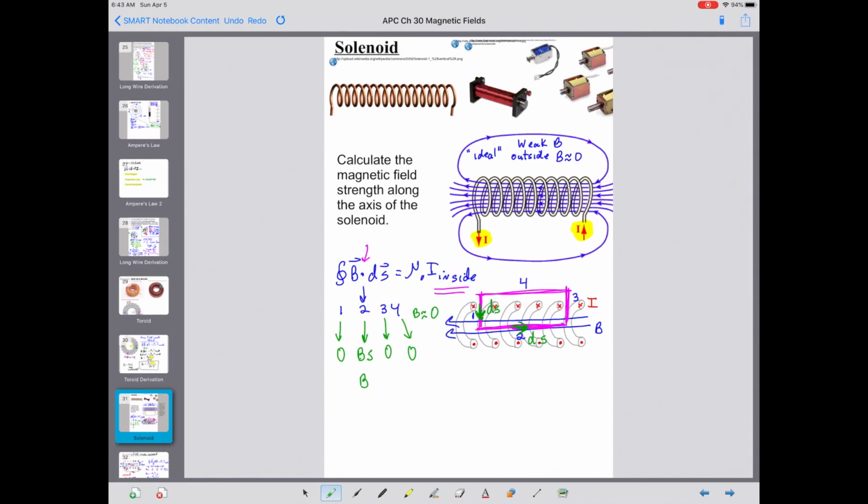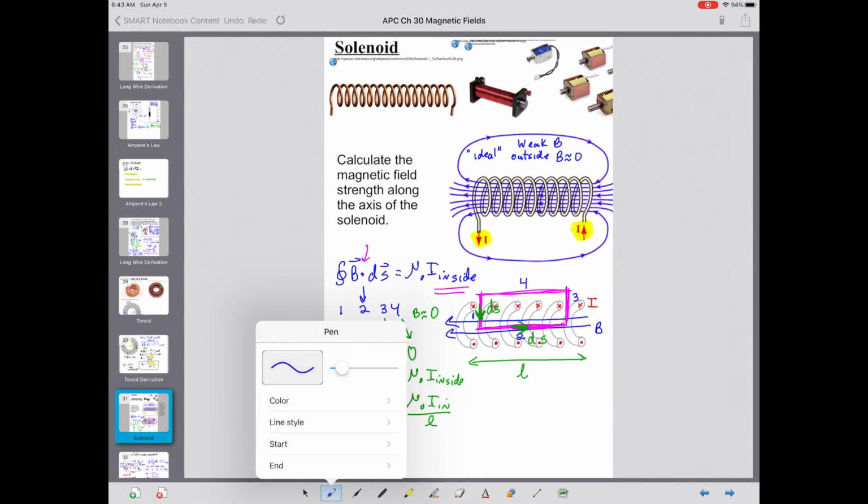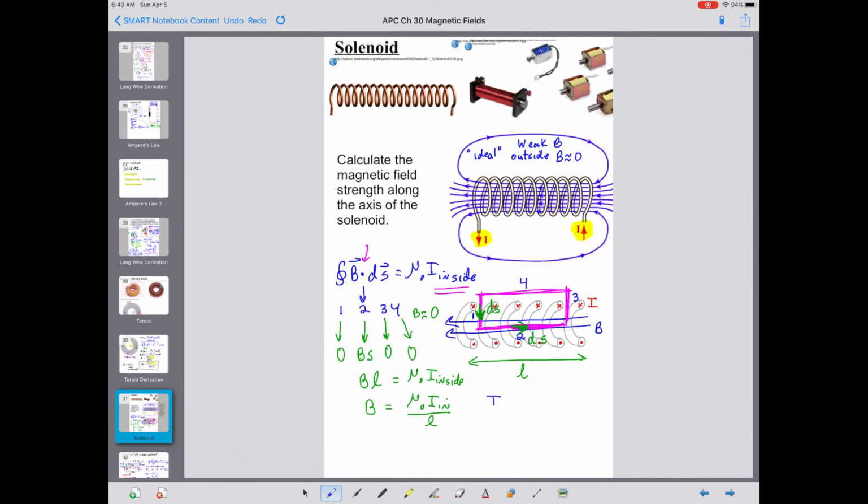So when the dust settles, all I have is B times s. I'm going to specify here a length of the solenoid. So I'm going to change that variable to an L, and that's going to equal mu naught I inside. Solving down, this is mu naught I inside over L. Now we have to deal with I inside.